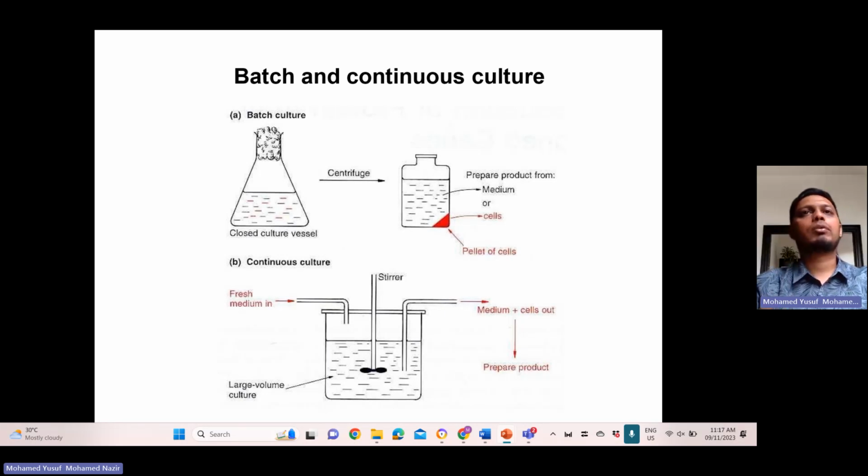These are different ways on how the microbe can be grown, especially in the lab. But for a microbe that contaminates food, normally the concept is almost similar to the batch system, not the continuous system. For a continuous system, we need to modulate the process, where we pump in fresh medium simultaneously with pumping out the medium and cells.